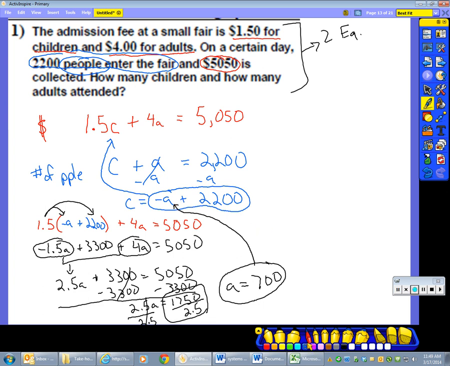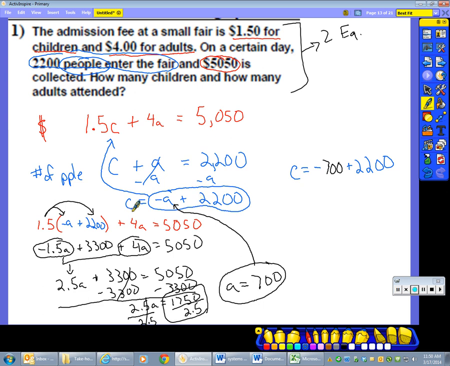So whenever I do that, my equation looks like this. I've got c equals negative, and I'm going to plug in my 700 because that's what a equals, plus 2,200. It doesn't matter which equation you use.